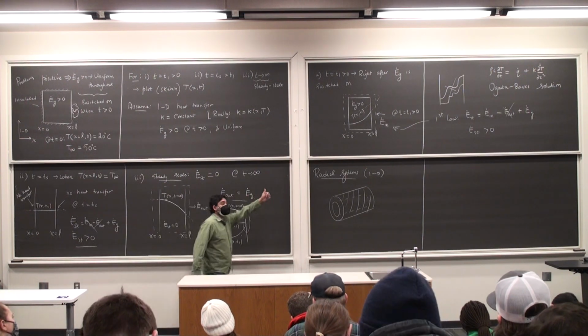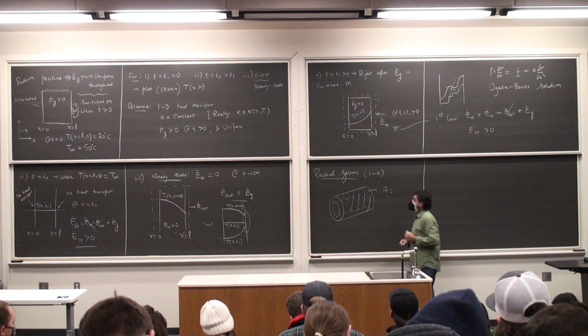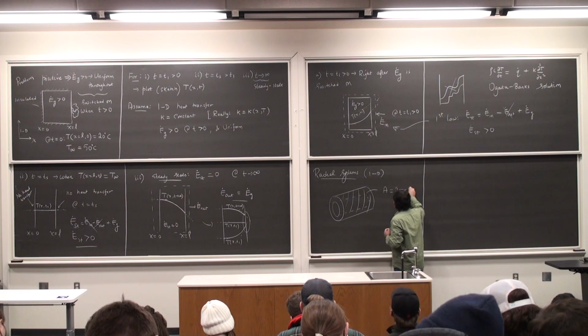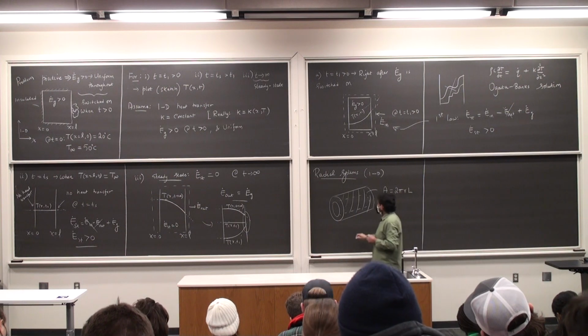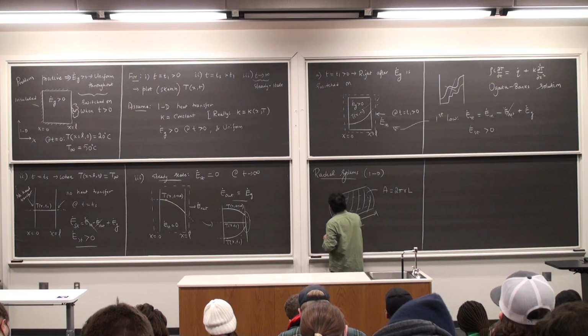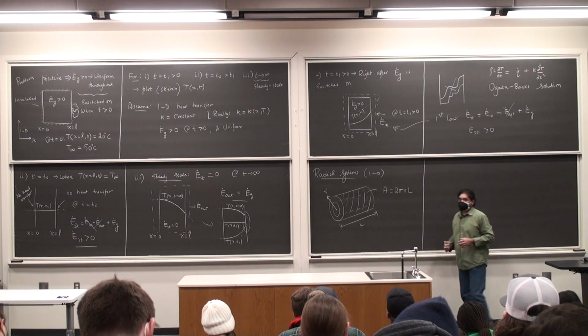And we said that the surface area, if we consider a cylindrical pipe, is 2 pi r times L, where L is the length of the pipe. And this is some radial distance r, okay?